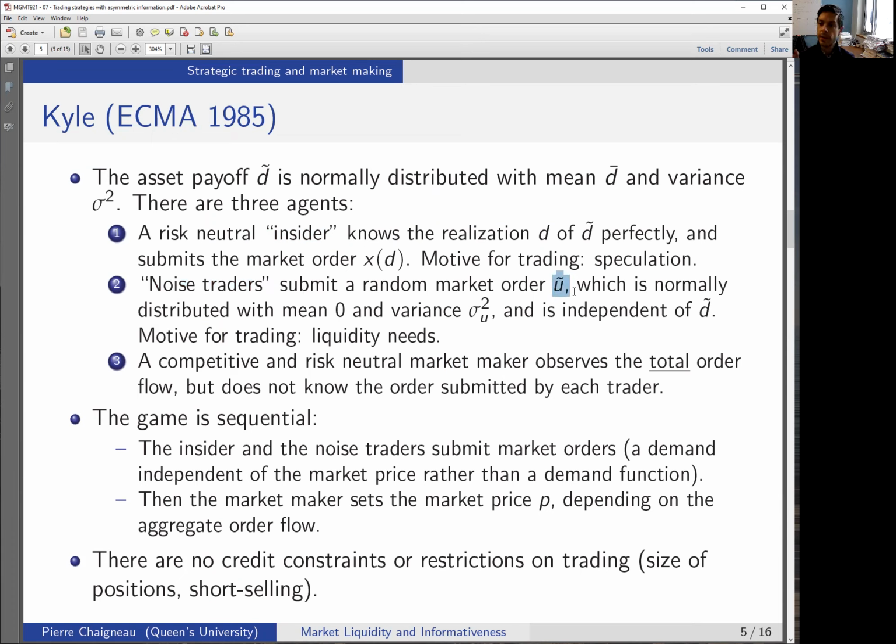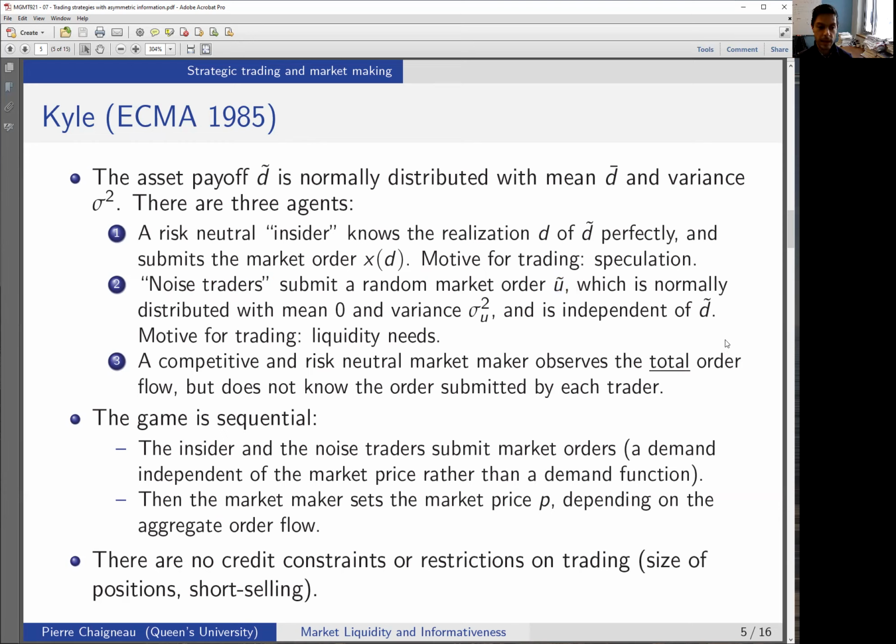So for example, if they are selling, the price is going to drop. So they're going to sell at a worse price compared to what they would have hypothetically gotten without submitting this order. Okay, so they're always going to pay a price, no pun intended, when they are submitting orders.